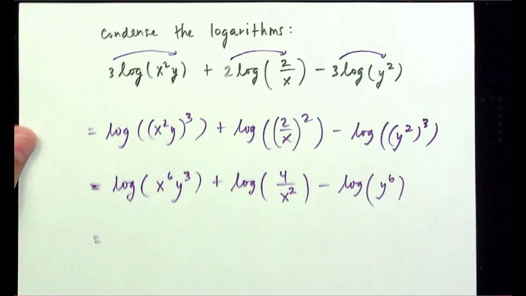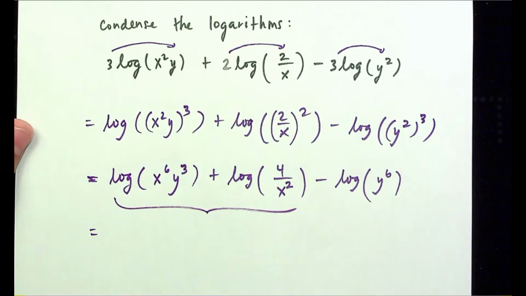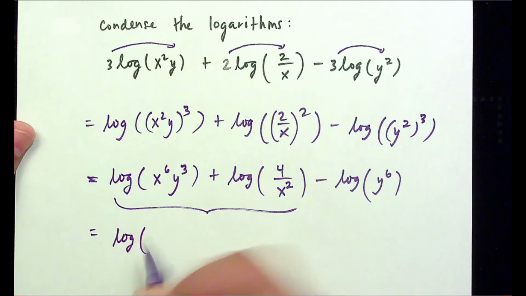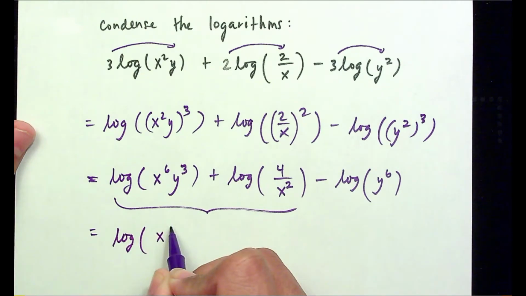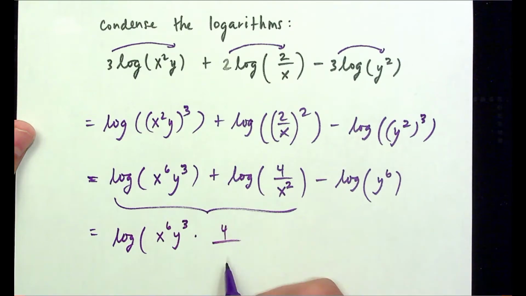Okay, now you may take these 2 logarithms and combine them into one, because the sum of 2 logarithms is the logarithm of the product. So in other words, this is the logarithm of the product of x to the 6th y cubed times 4 over x squared.